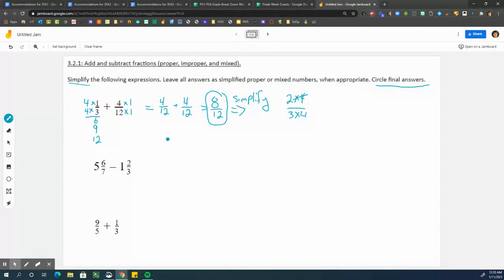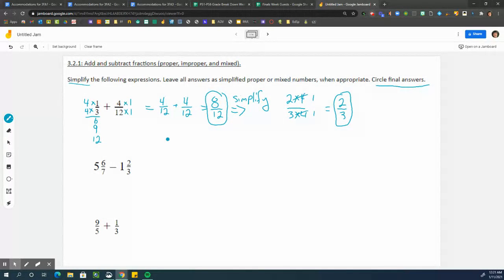We can actually cancel out those 4s, leave it as 1, so 2 times 1 is 2, and 3 times 1 is 3. So 8/12 is the same thing as 2/3. So that's the final answer, 2/3.